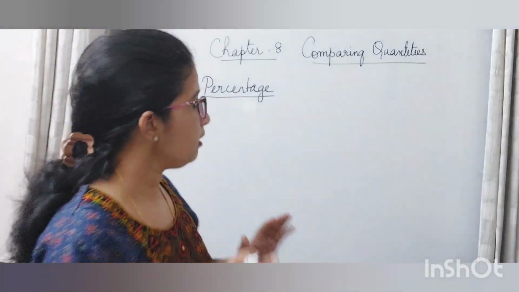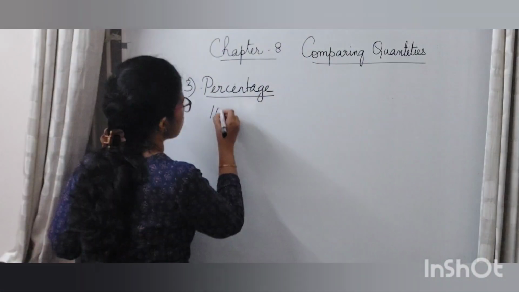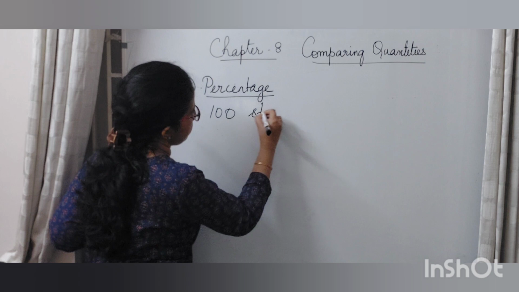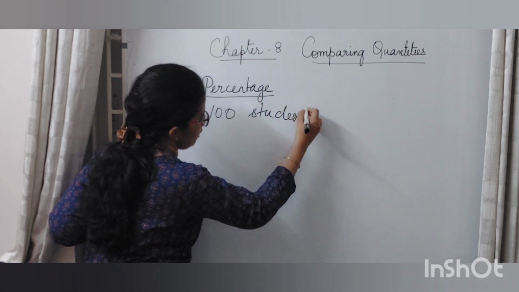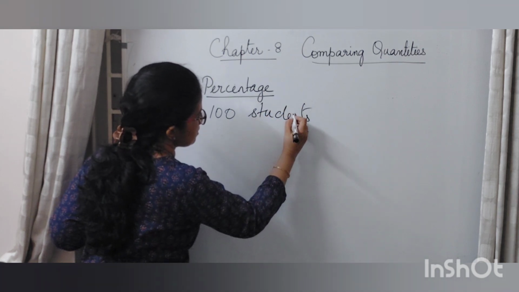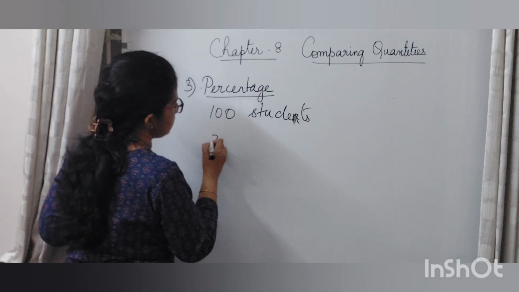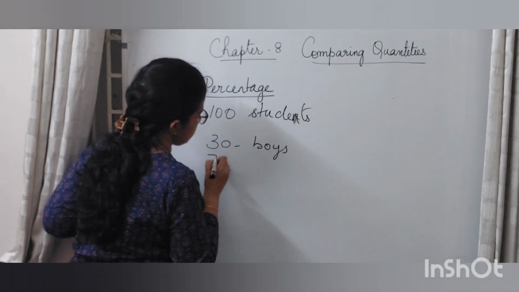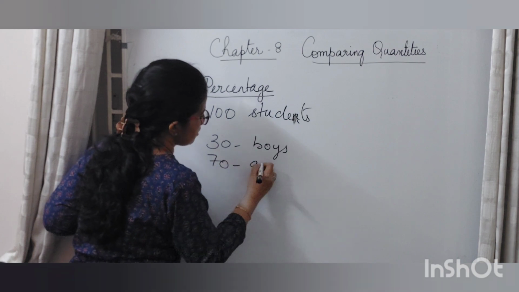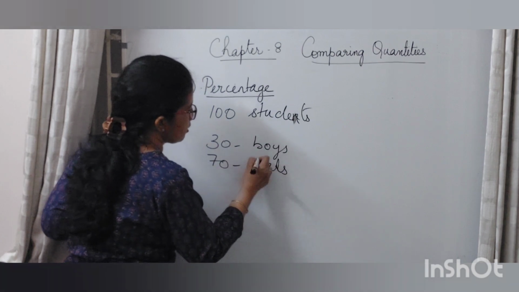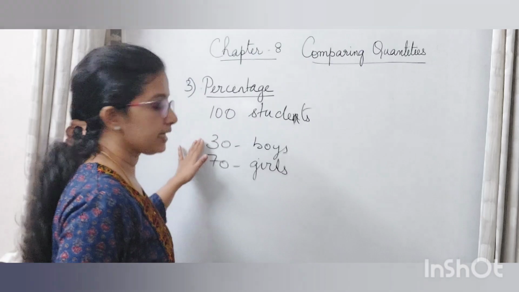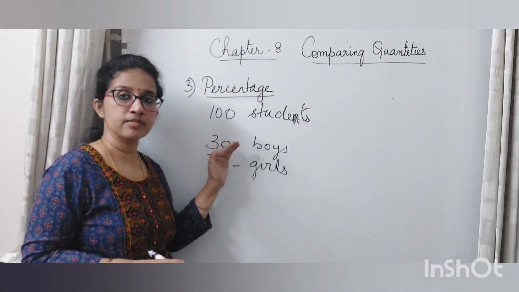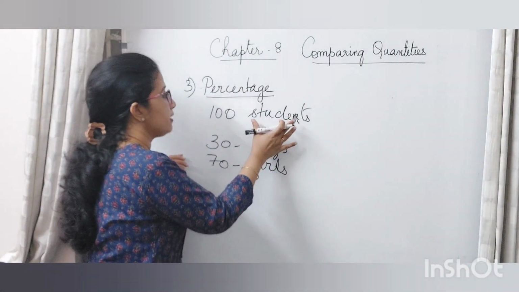For example, there are 100 students in a class. 30 are boys and 70 are girls. So what percentage of boys are there in the class?